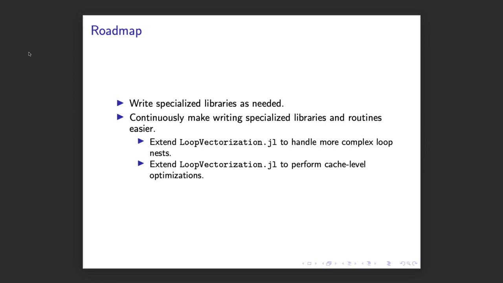Putting this together, what does this mean for our roadmap? Well, essentially, it means that there isn't any rush towards implementing the full suite right away.